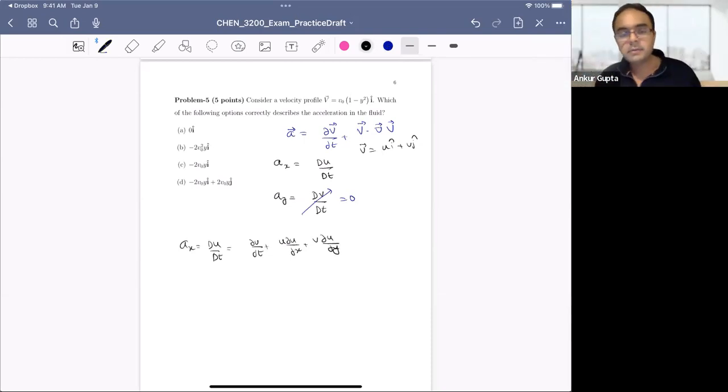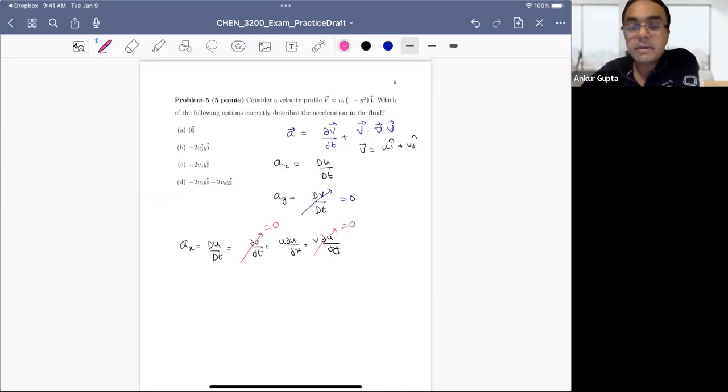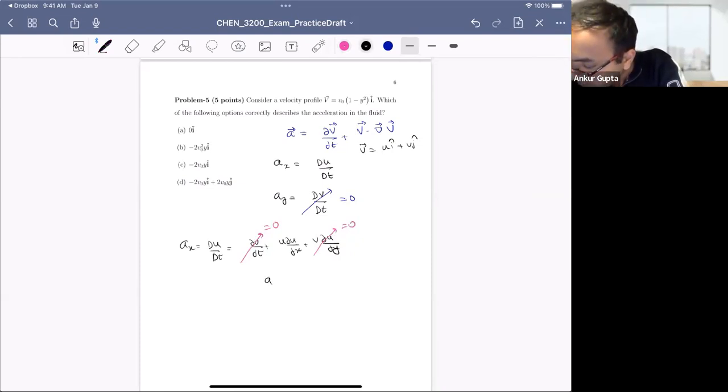So when you see such problems, the best thing to do is simply start to cross out terms. So here del u by del t is 0 because the time dependence is not there. You also know that this is equal to 0 because velocity v is 0. So the term I'm left with mainly is u del u by del x. So ax is u del u by del x.